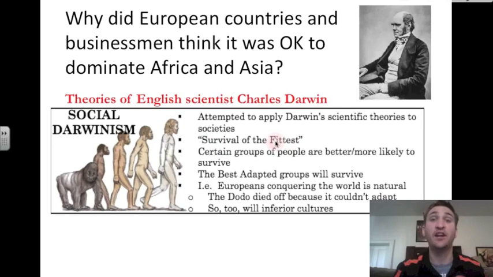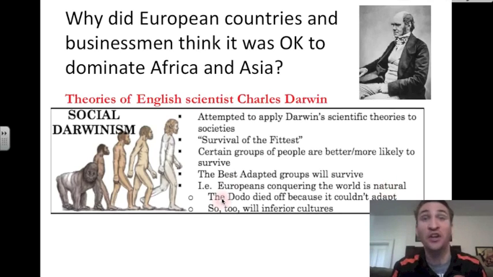And European countries, leaders, and businessmen applied Darwin's scientific theories to societies. They said certain groups of people are better or more likely to survive than other groups. The best adapted groups will survive, according to this theory and interpretation of Darwin. And Europeans conquering the world is natural, according to this train of thought.